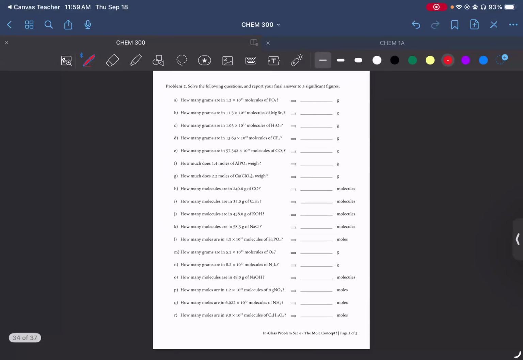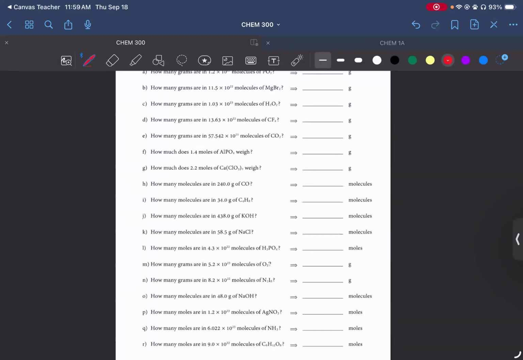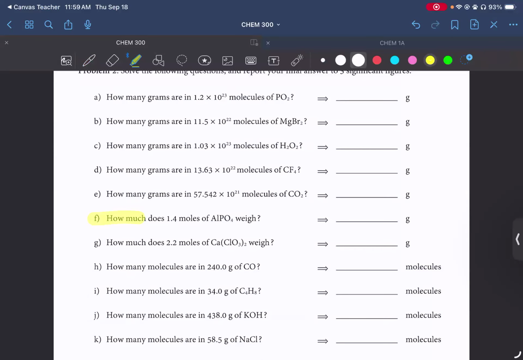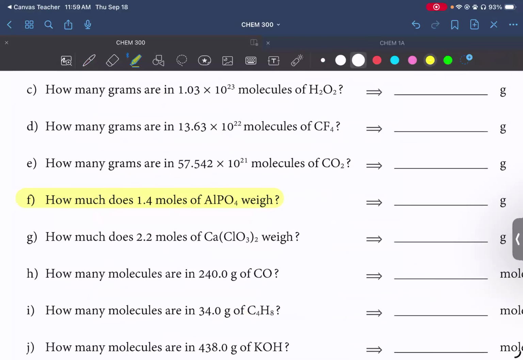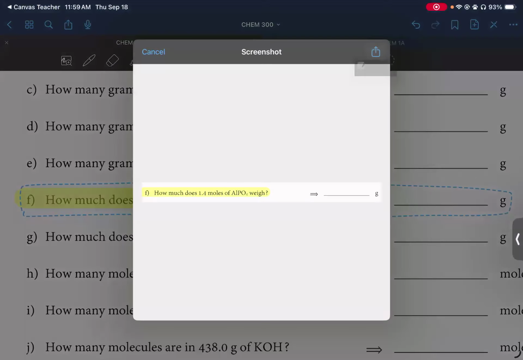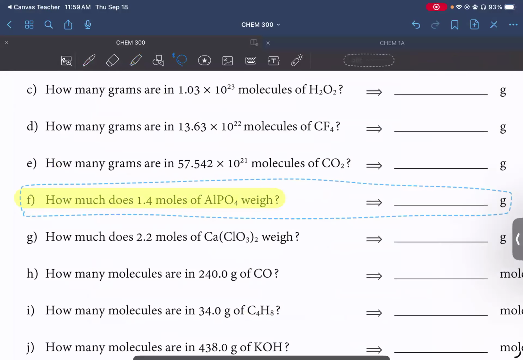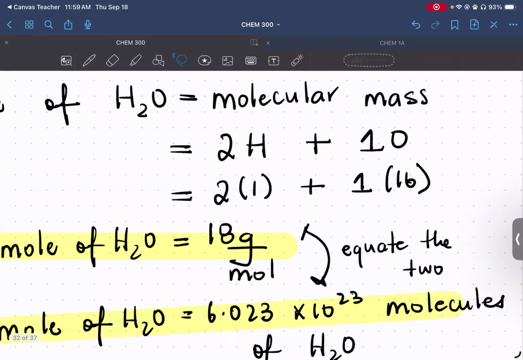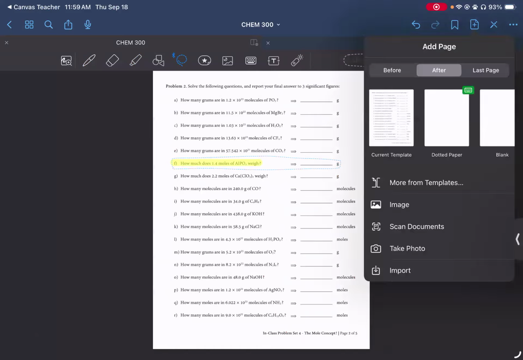I would like to do one of the questions on page 2. I'm going to do page 2, part F. All right, let's take that screenshot. And let's solve it.